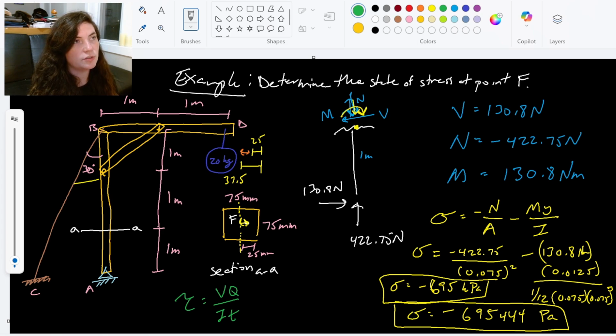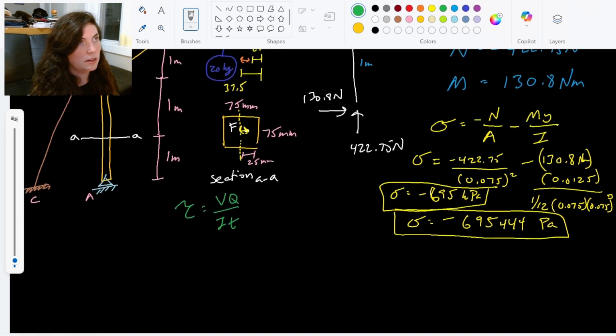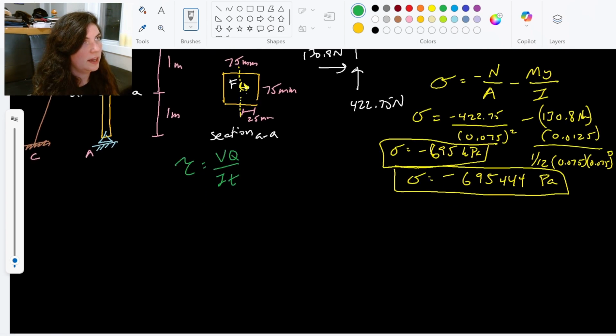But this one's just a transverse shear, so we can go ahead and solve for this guy. Let me find my Q, kind of a sidebar over here.